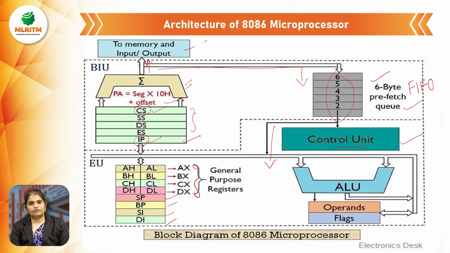The decoded data is first moved into the general purpose registers, then to the ALU for further processing, where the execution happens. The ALU does all kinds of arithmetic and logical operations. Once the execution is done, the data is moved back into the general purpose registers. This is how the operation is done.